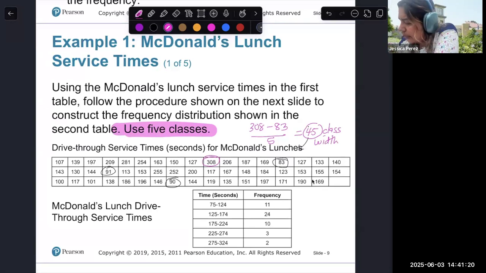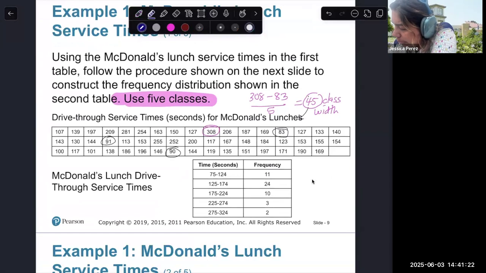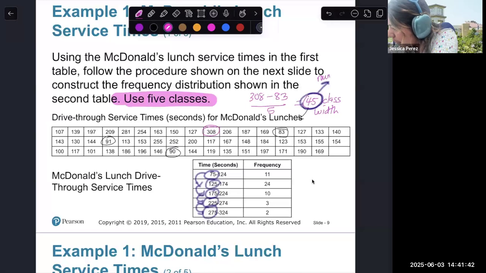So we want to begin our lower class with something smaller, using a class width of 45, or even 50, because from here to here is 50, 50, 50, and 50. So 45 will round up to 50.